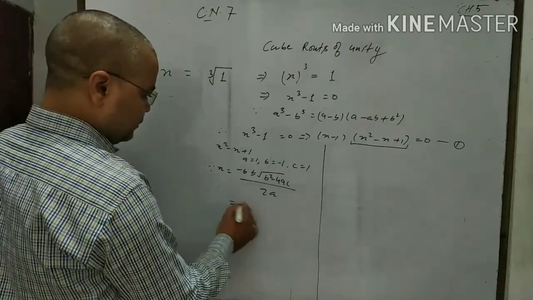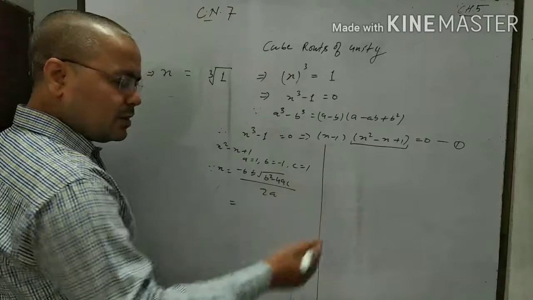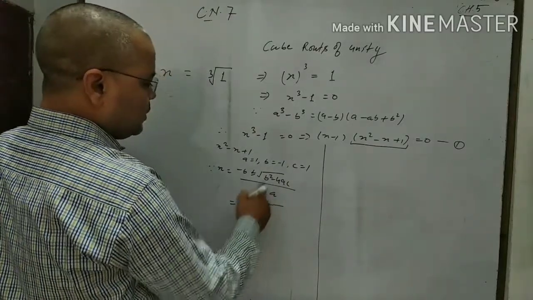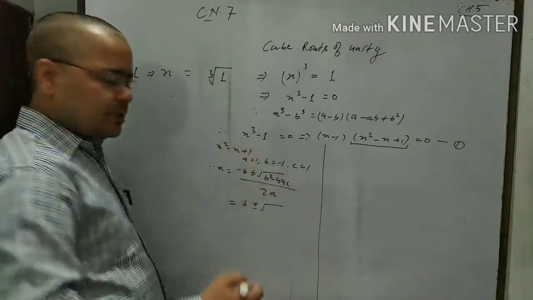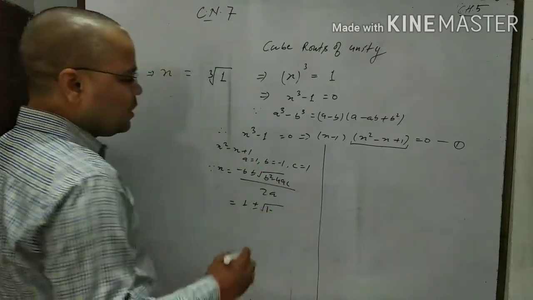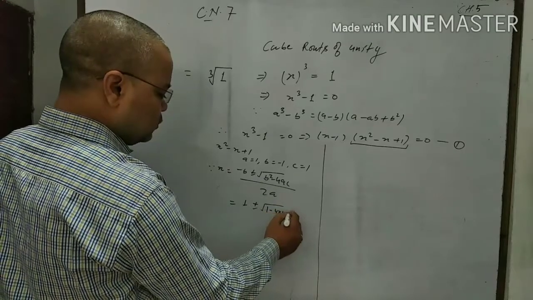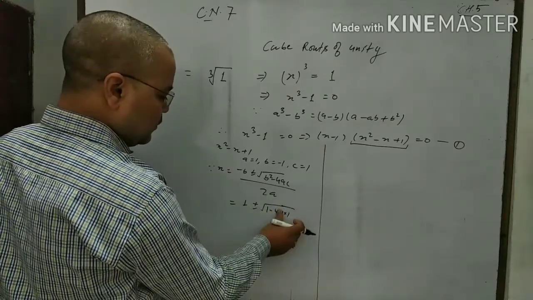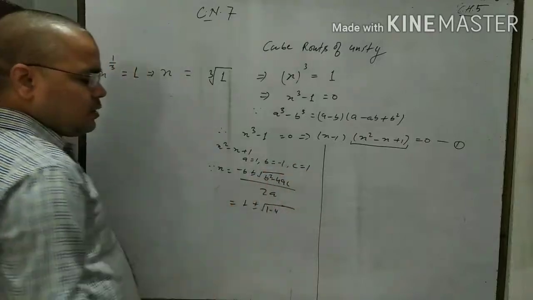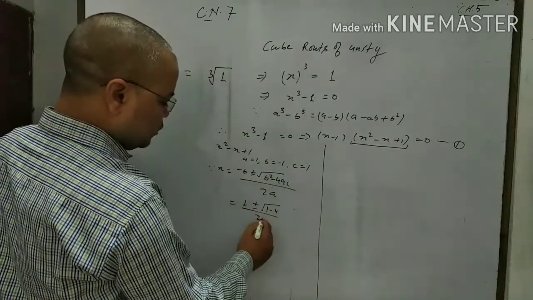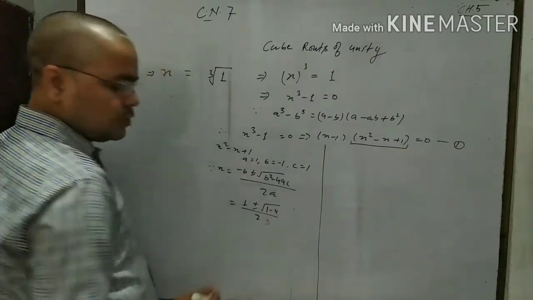So here minus b, then plus minus under root b square minus 4 into 1 into 1, by 2 into 1.